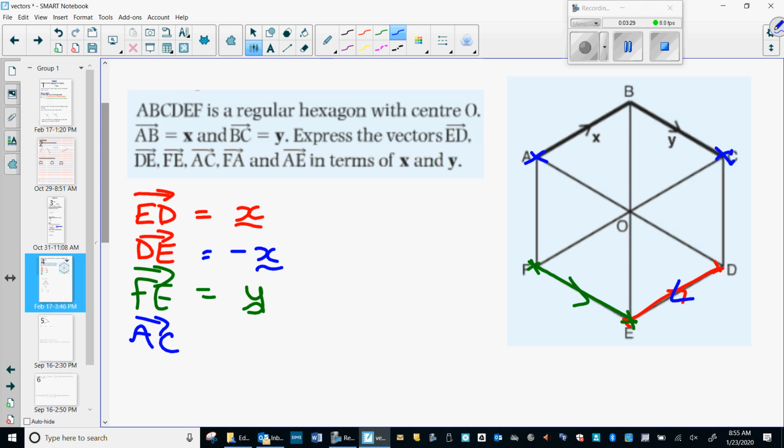Now, with these types of situations, you can only follow the path of something that's labelled or a vector that you can identify, okay? So I can't just go across here because there's no vector line that way. Is it x, y? Almost. x plus y. Yes, I'm loving it.